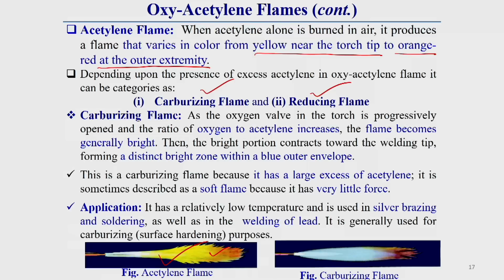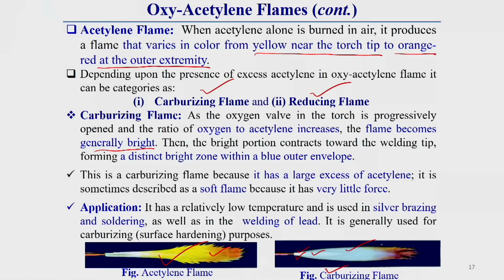In the carburizing flame, as the oxygen valve in the torch is progressively opened and the ratio of oxygen to acetylene increases, the flame becomes generally bright. Then the bright portion contracts toward the welding tip. Here you see this is the carburizing flame. The bright portion gradually contracts towards the welding tip, forming a distinct bright zone within a blue outer envelope.